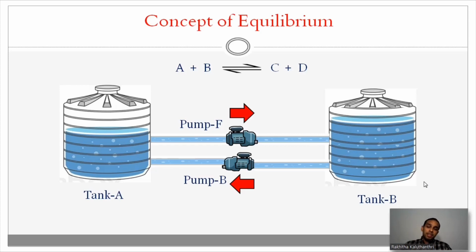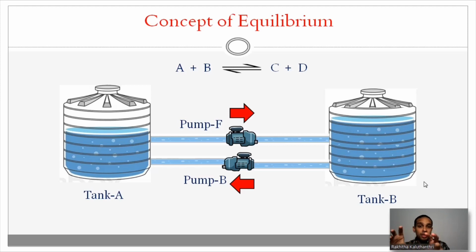This example will help you understand that if the rates of the forward and backward reactions stay the same, the reactants' concentration and the products' concentration will not change, right?